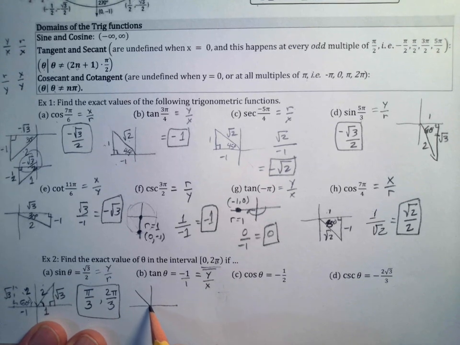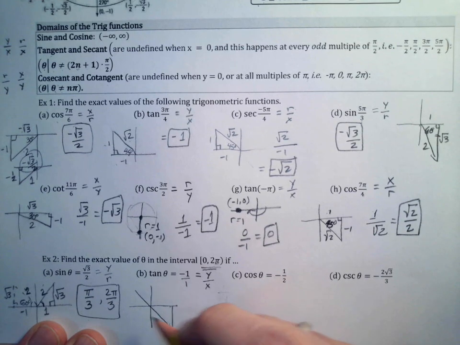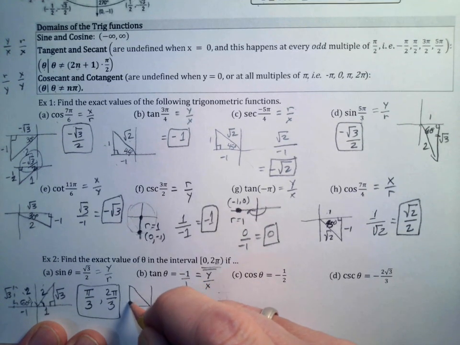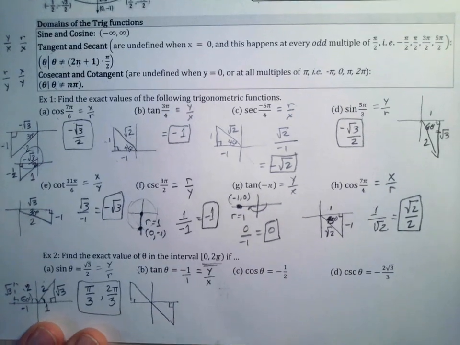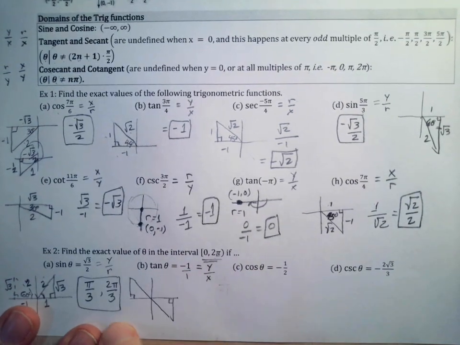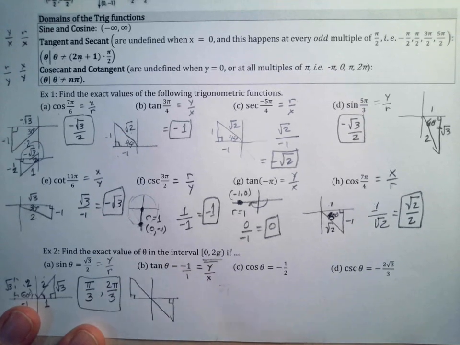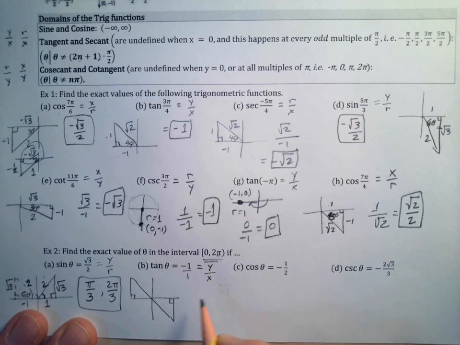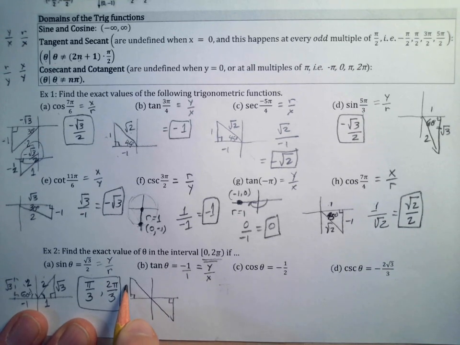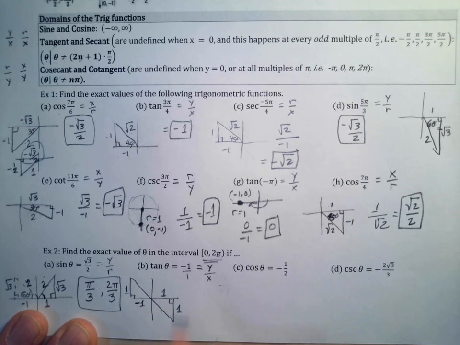So let's draw something like this, and we have two triangles. I'm going to make it a little bigger. So we know we're in the second or fourth quadrant. Tangent is positive in the first and third. So we know we're in the second and fourth. All right, let's label our triangles using these. So we have a 1 and a 1, a 1 and a 1, but let's make sure that we have the negatives.